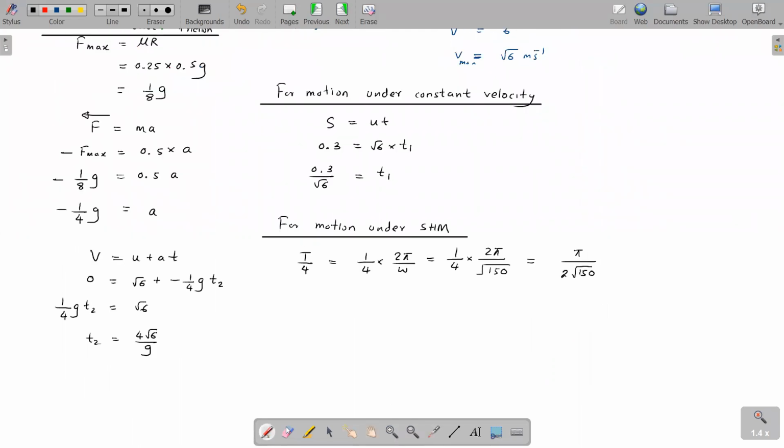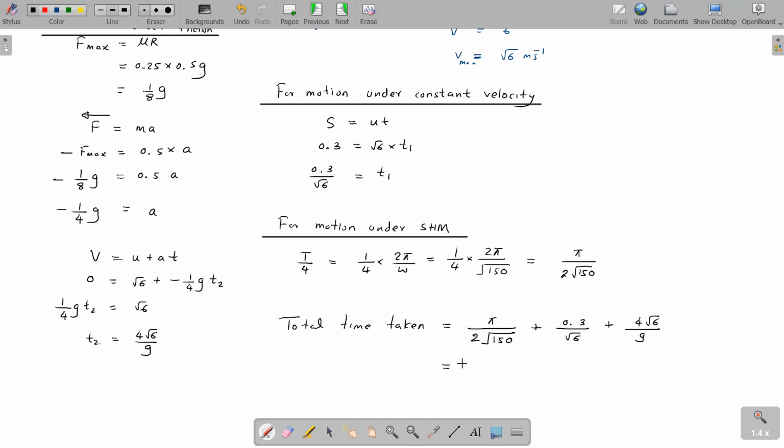Okay, so total time taken equals, all these times you have to add, right? Pi over 2 root 150 plus 0.3 over root 6 plus 4 root 6 over g.